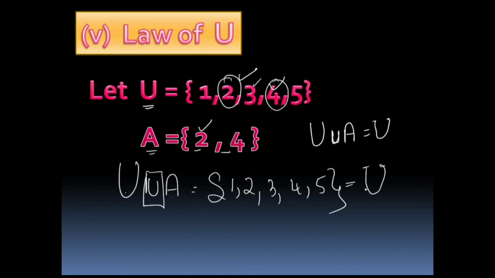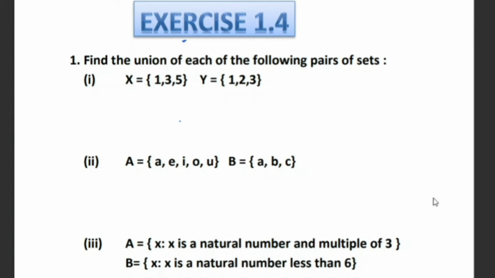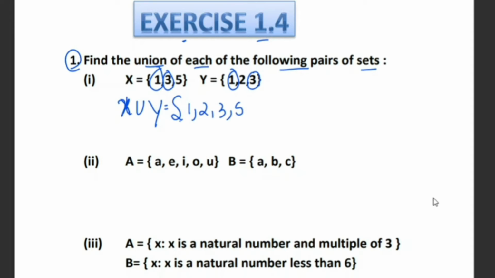So with this knowledge, let us solve our exercise 1.4 first. Find the union of each of the following pairs of sets. X union Y will be equal to: what is common here, 1 and 1, 3 and 3, so 1, 2, 3, 5.